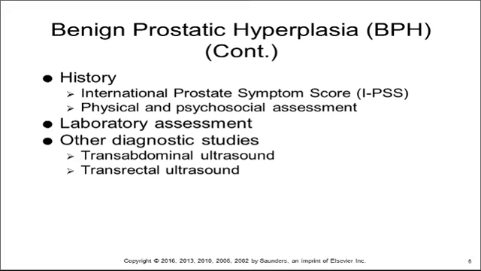You can also do a CBC to see if it's more of a systemic infection or anemia. And then other tests that we can check are BUN and serum creatinine. If they are both elevated, you usually see that with kidney disease, and these just help us to evaluate the renal function. And then, of course, a PSA.